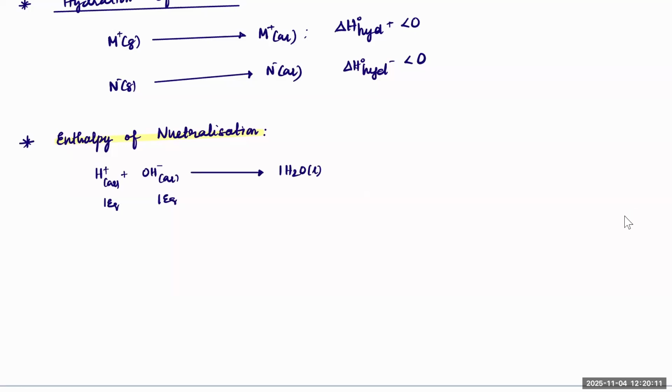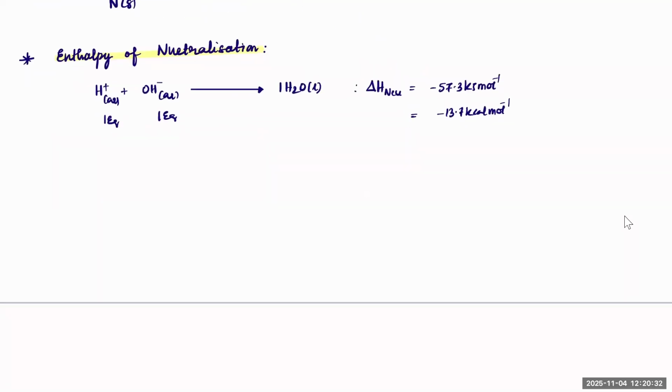The energy released in this case is called neutralization, and the value of that is minus 57.3 kilojoules per mole, or minus 13.7 kilocalories per mole. This is called delta H of neutralization.